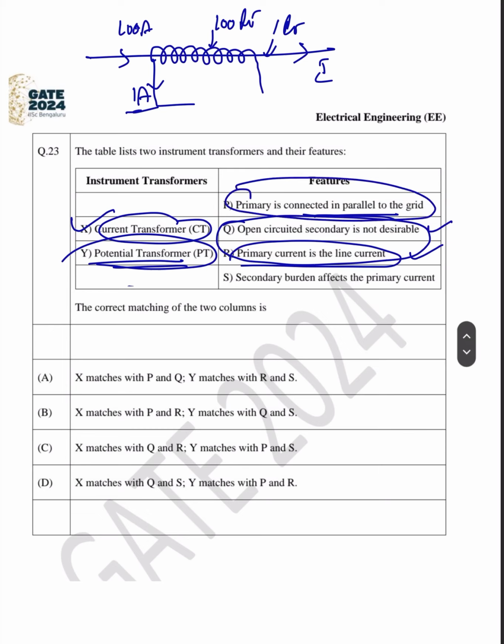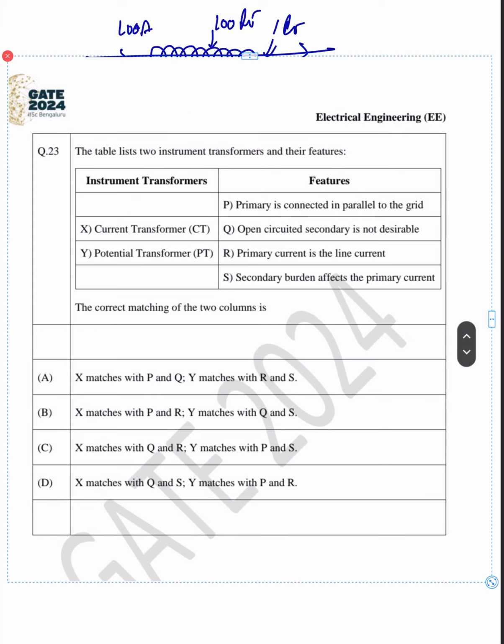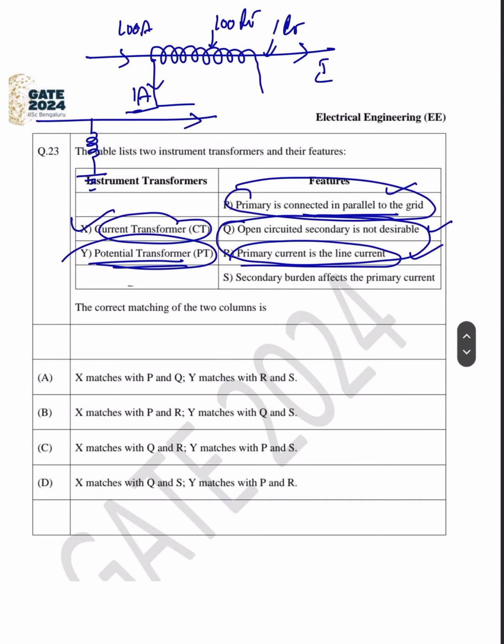What about the potential transformer? Primary is connected in parallel to the grid. See, this is a line. I want to measure that voltage. This is 1000 turns, this is 10 turns.